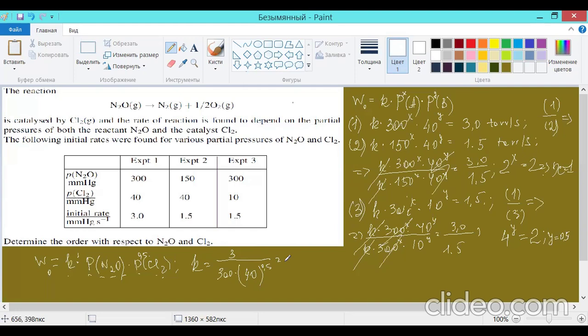So it's 1.58 times 3 raised to minus 3. That's it. This is the solution to this problem.